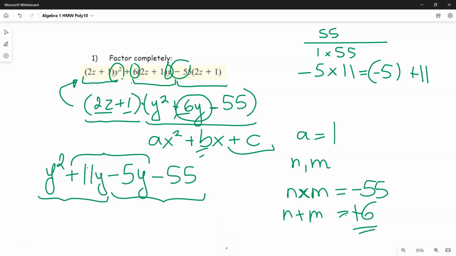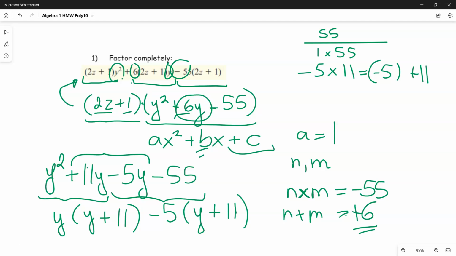In y squared plus 11y, the greatest common factor is y, and in the parentheses, we have y plus 11. In the second group, we have negative 5 as the greatest common factor. In the parentheses, we have positive y, because positive y times negative 5 is negative 5y, and then we have a positive 11, because positive 11 times negative 5 gives us negative 55.